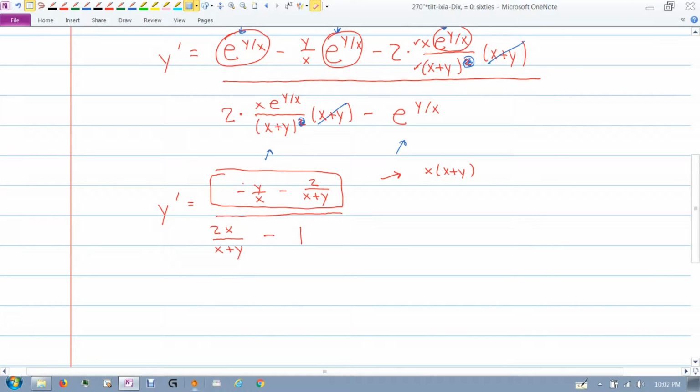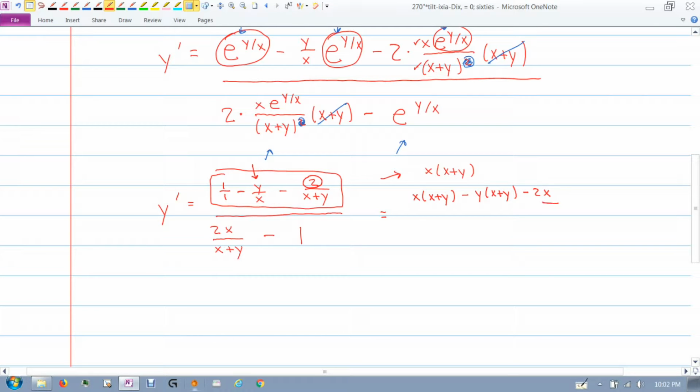So remember, this 1 is like 1 over 1. Let's see what happens here. So I'm going to have an x plus y, that's where that 1 was, minus, now for the middle term, I'm only missing the x plus y, so I'm going to have minus y times x plus y. And then on the last term, I'm only missing the x, so I'm going to have minus 2x.